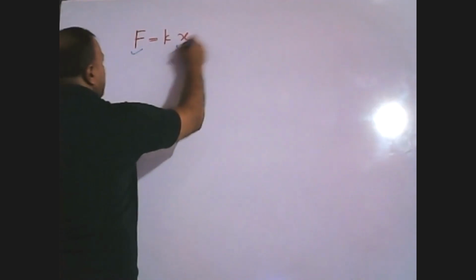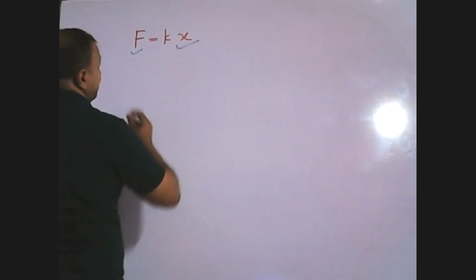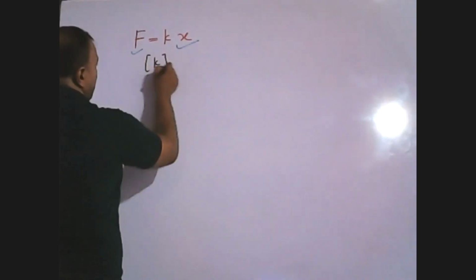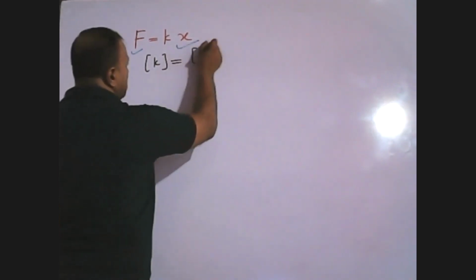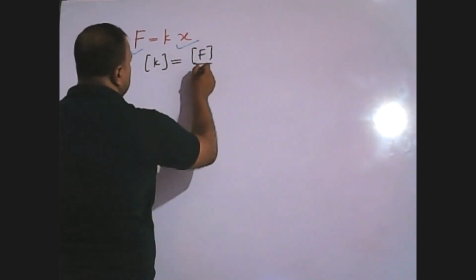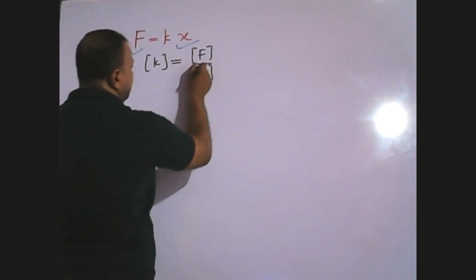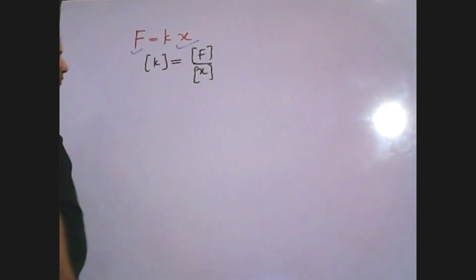If we are given F and x, and asked to find the dimension of k, we have to subject k first. Then we can apply the dimension of each and every term in that equation.